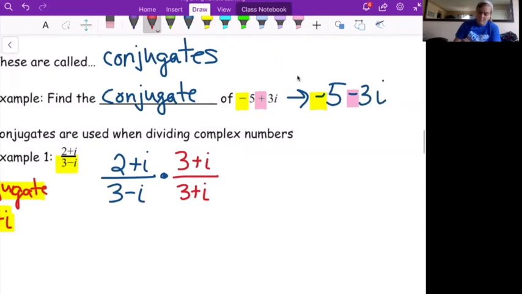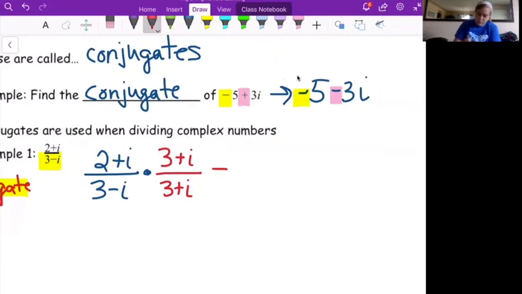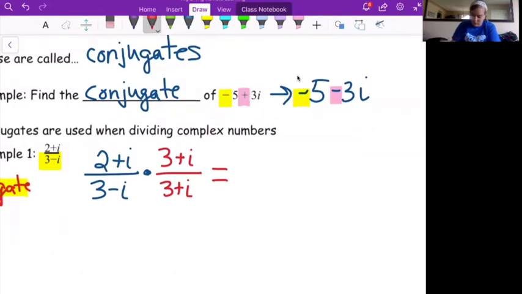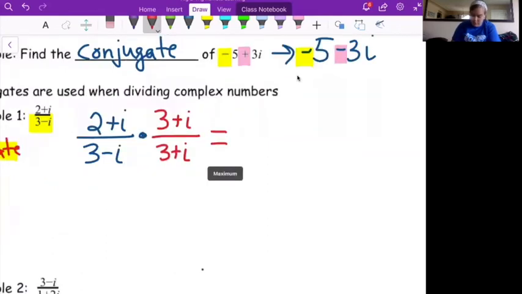And so then my numerator, you can do your box or do the distributive property. I'm going to do the distributive property at this time just to save some room.